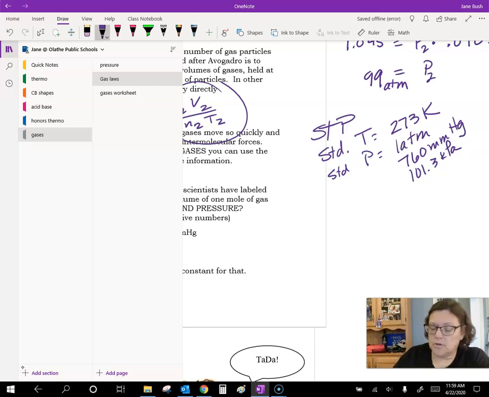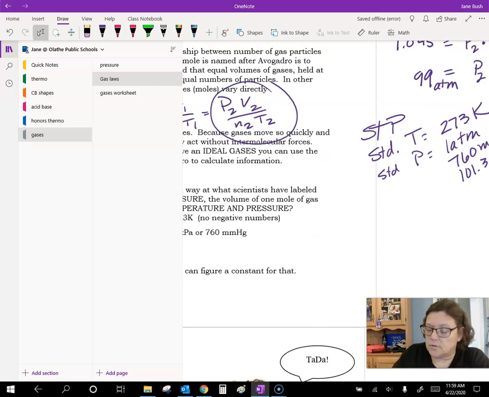All right, so if we know at standard temperature, we're going to put 273 in here. And at standard pressure, we're going to put 1 atm. And we know we have 1 mole, so I'm going to put 1 mole in here.